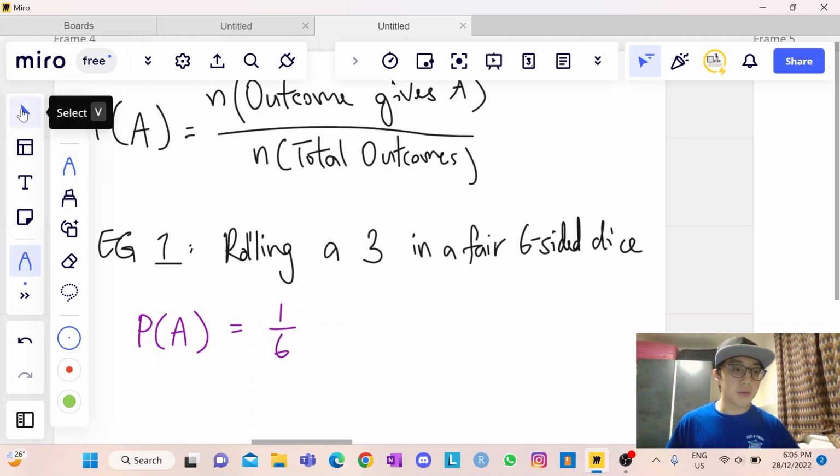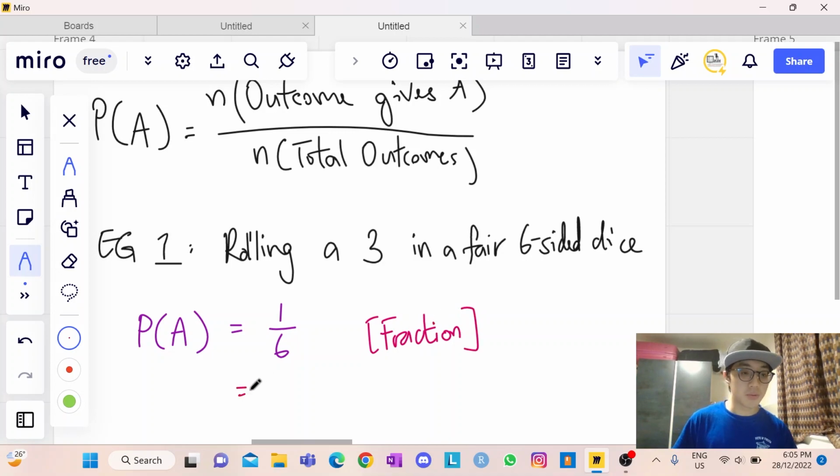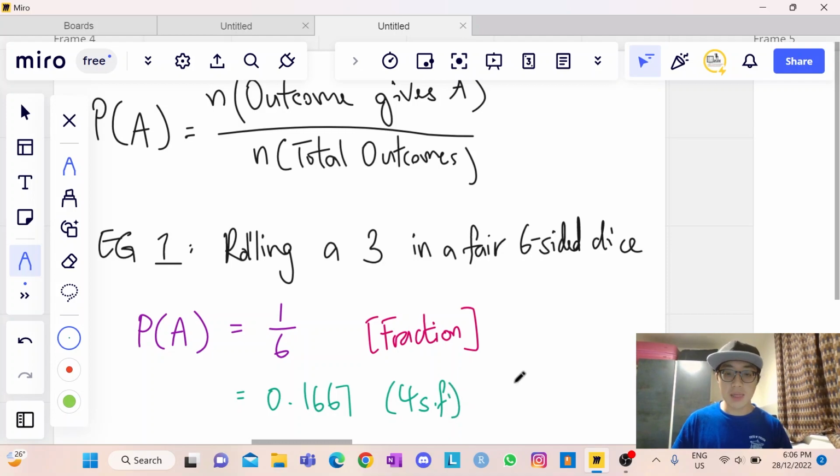Okay, so this is fraction form, and if you press the calculator, 1 divided by 6, this is going to give you 0.1667 to 4 significant figures, and this is in decimals.